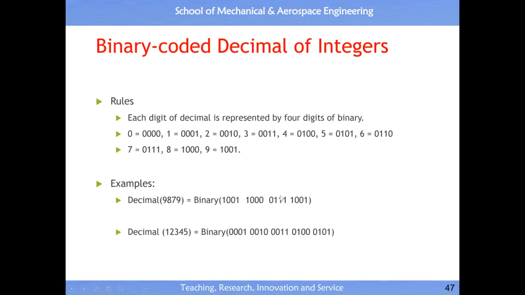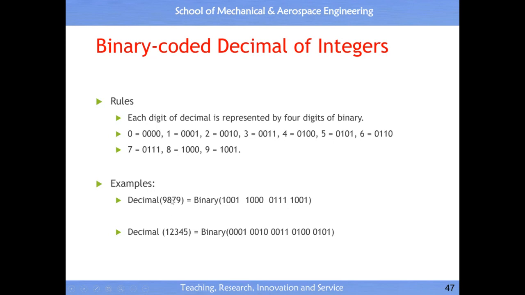This is good for printing, but not good for calculation. If I want to print 9879 on paper, we can do this coding. 9 is coded with 1001, and this is coded with this series of 4 bits. Then during printing, we can decode it. Once I see this one, I print out the 9.